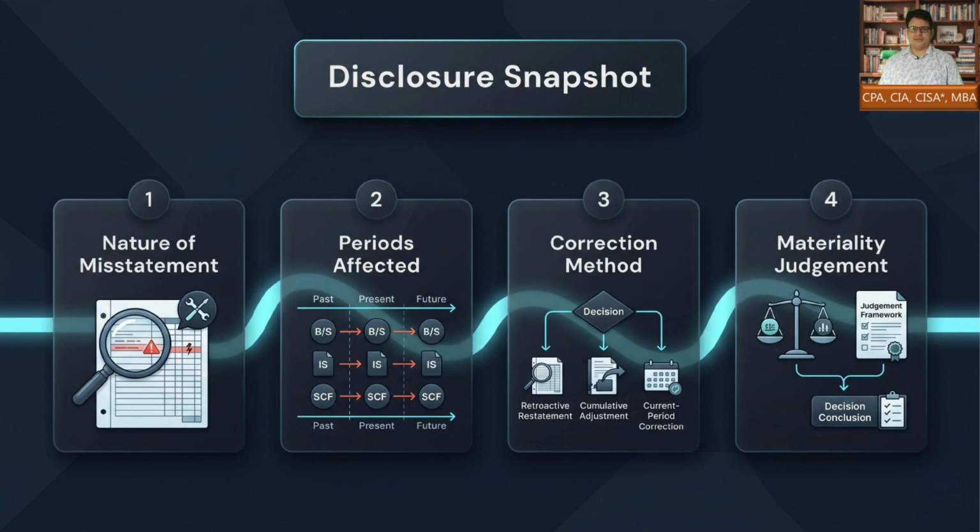They should explain the correction method, whether restatement, cumulative opening retained earnings adjustment, or current period correction. They should also explain the materiality judgment, including the framework applied. Good disclosure is not a formality. It is the bridge between technical correction and user understanding.